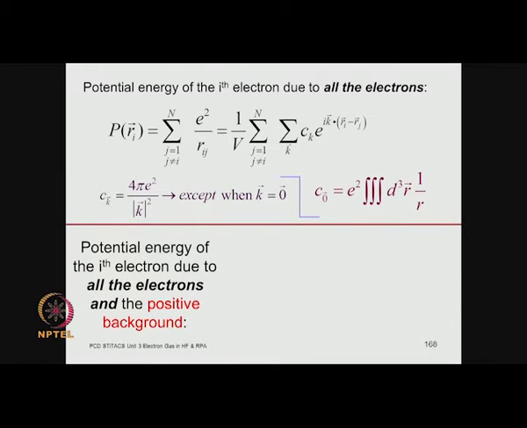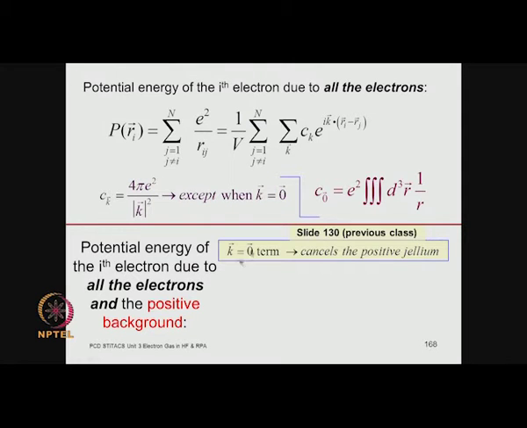What we do know is that if you consider the positive background, then you have various effects coming because of the background Hamiltonian, and there is another part of the Hamiltonian which is the electron background interaction. But we have already found that the k equal to 0 term cancels the positive jellium. We have discussed this in an earlier class.